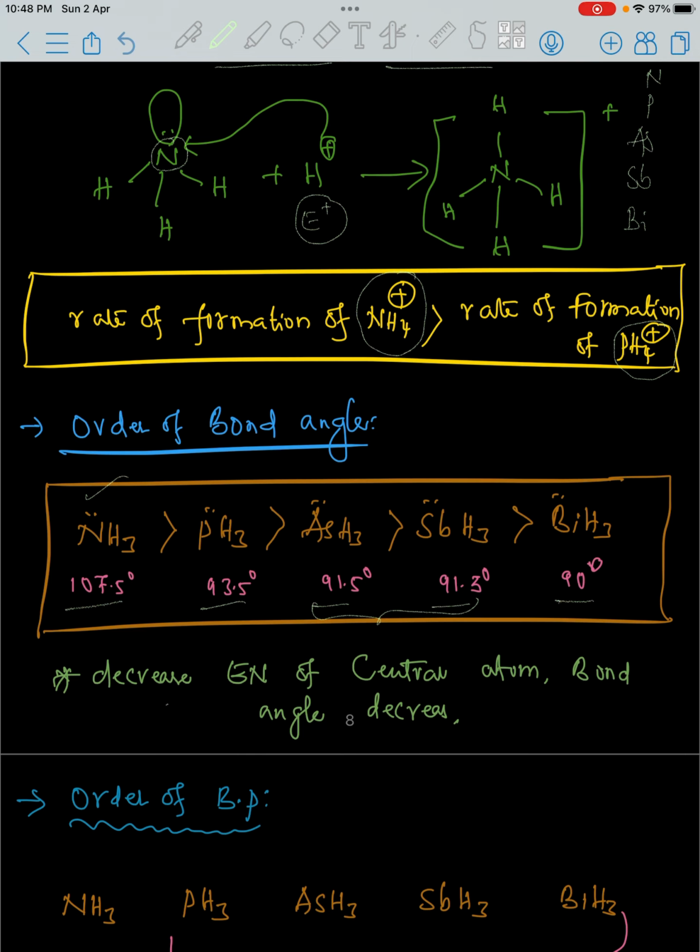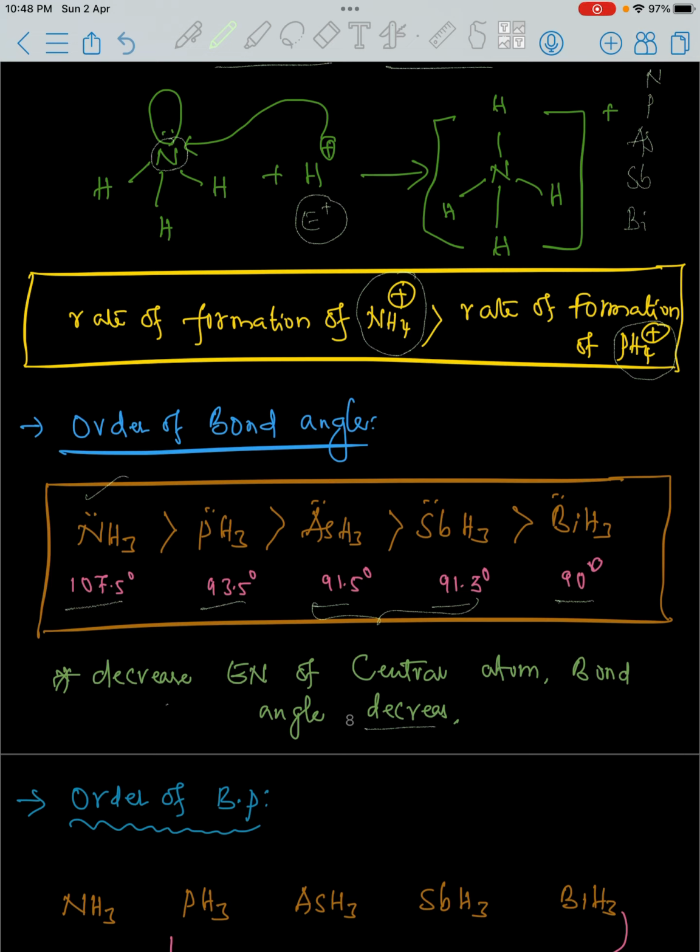So as electronegativity of the central atom decreases, bond angle also decreases. As we know, top to bottom electronegativity decreases, so bond angle also decreases. So simply you can say electronegativity of central atom is directly proportional to bond angle. Or as the size of the central atom increases, bond angle decreases, so size is inversely proportional.